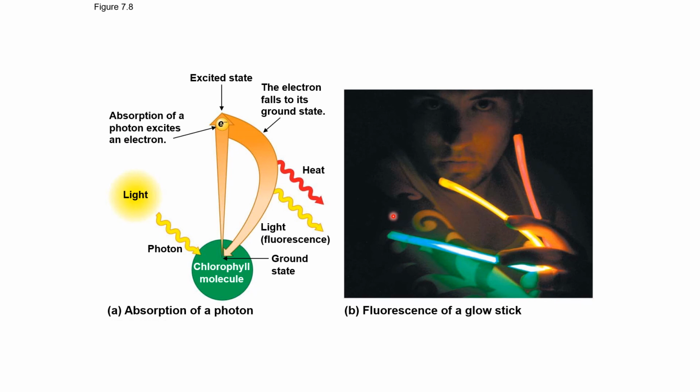And so when you break it, those electrons in there will get excited and they jump up. And then as they're falling down, they're going to release fluorescence light, and that's why they fluoresce. Eventually, after all the electrons get excited and they've all fallen down, the glowing stick is not going to be able to glow anymore.